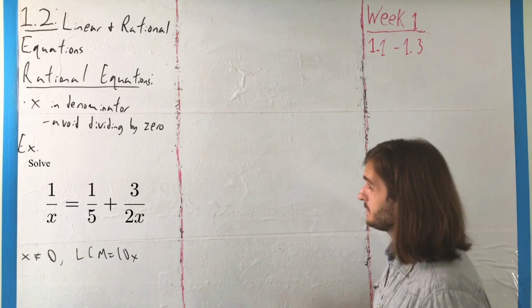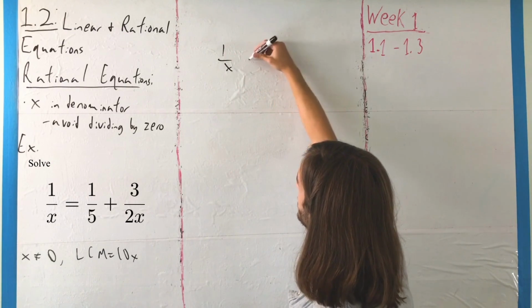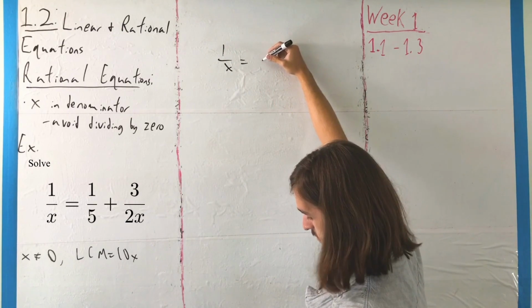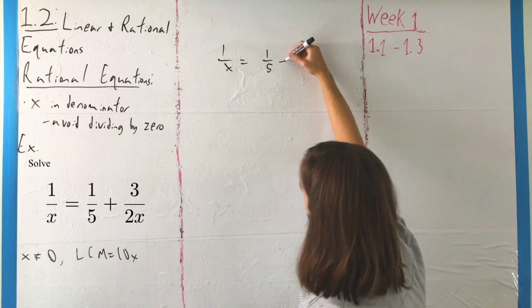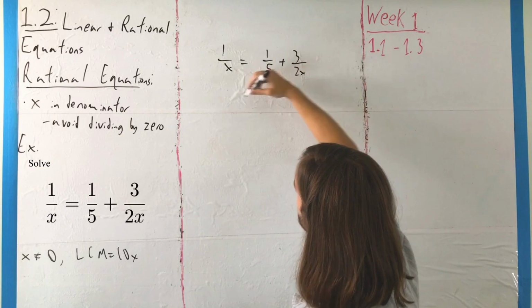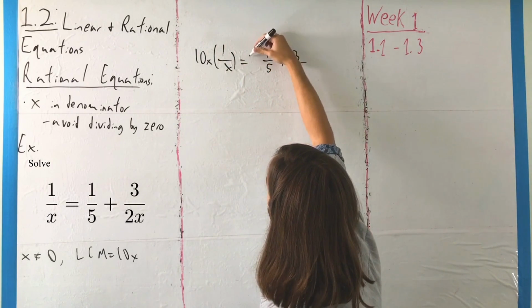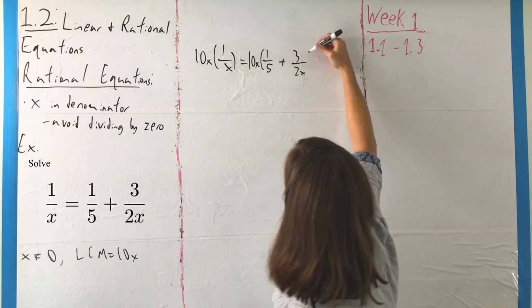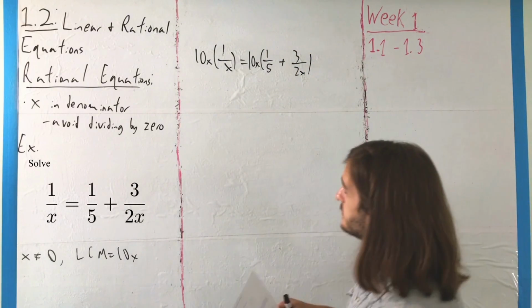So if we want to solve this equation, what we can do is take our 1 over x along with our 1/5 and our 3 over 2x and toss in a 10x to both sides, just like before. Except we've got slightly funkier looking things thrown in there.